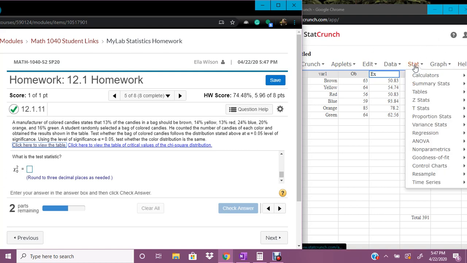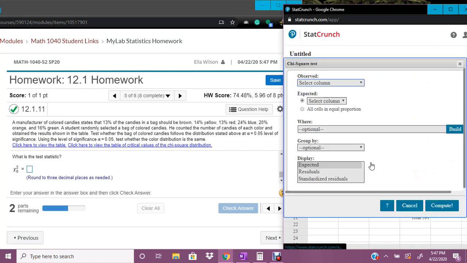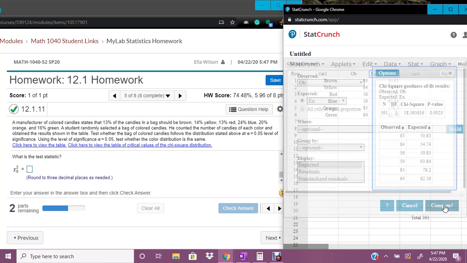So we're going to go to stat, and go to goodness of fit, because that's what we're talking about in the chi-square test. Our observed is the frequency, and the expected is what we calculated based on these percentages that the manufacturer says. Then we click compute.